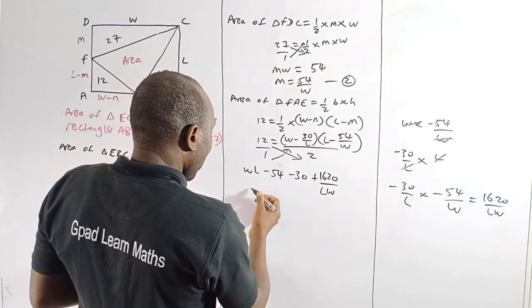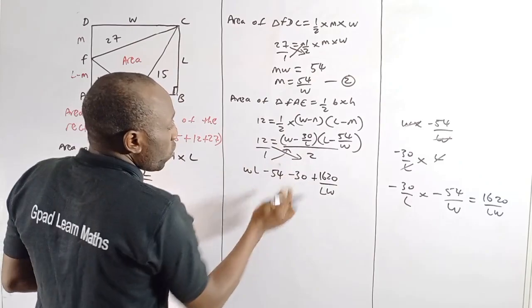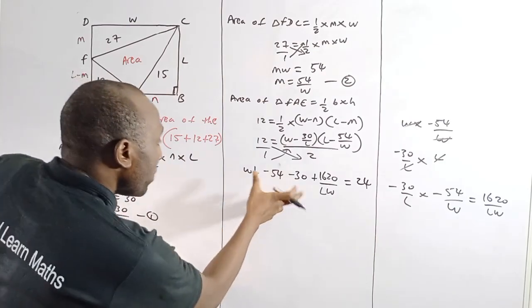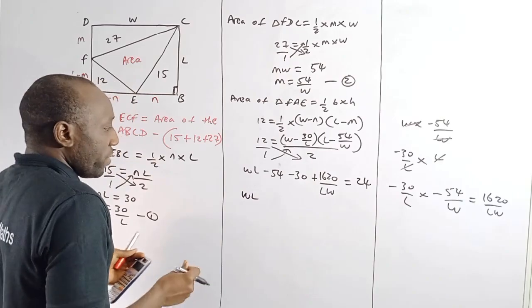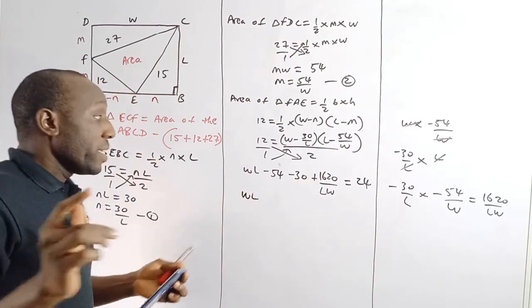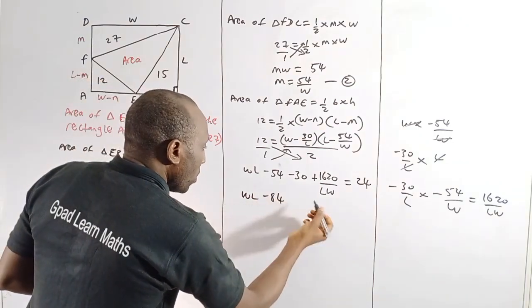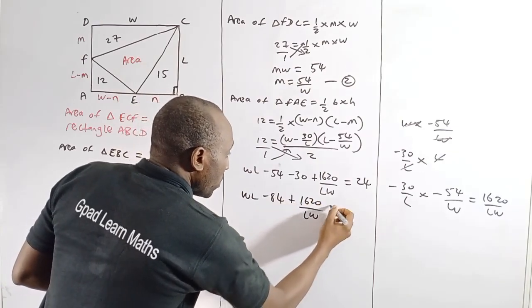Now, all divided by what? Okay. Before that, see, 12 times 2 is what? 24. So all of this is equal to 24. Now let's simplify this. So I have WL minus 54 minus 30 is minus 84. So minus 84 and then plus what? 1620 over LW is equal to 24.